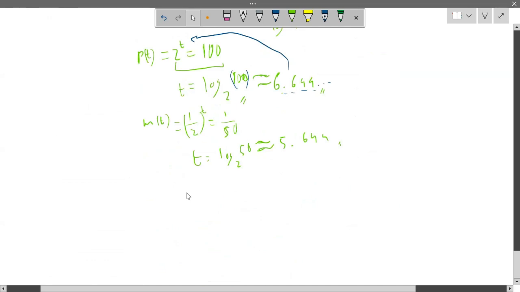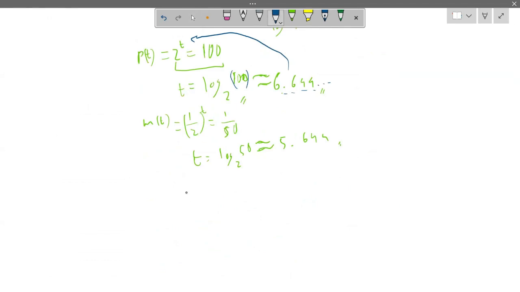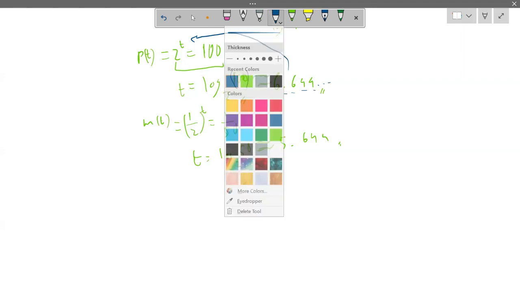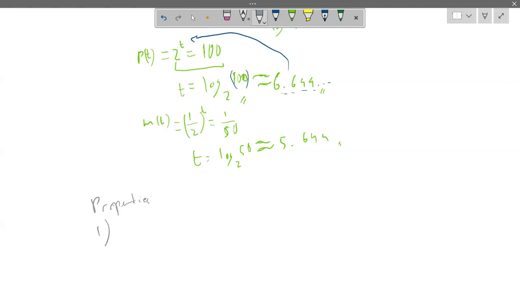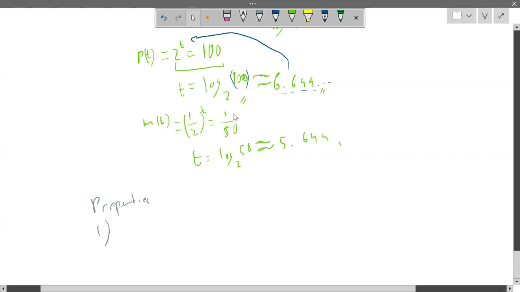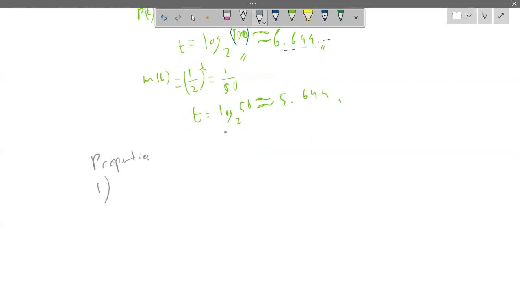All right, just like exponents, logarithms also have properties, which we will outline here. So there are several properties. We start off with the simplest one, which is the log of a base a is equal to 1.